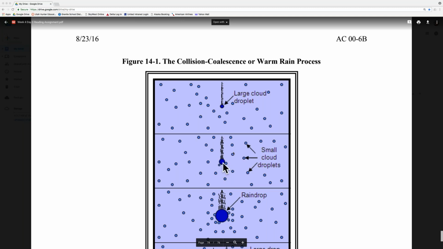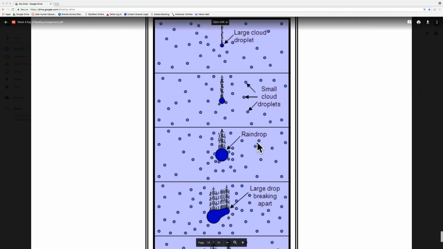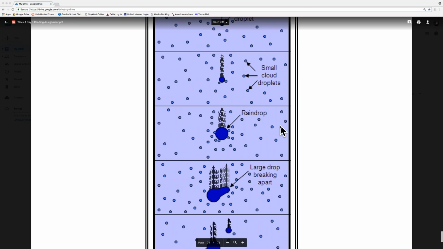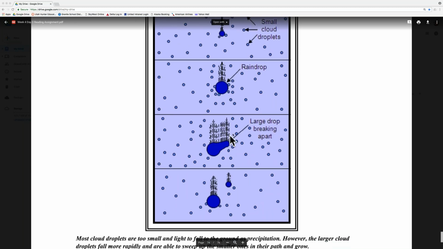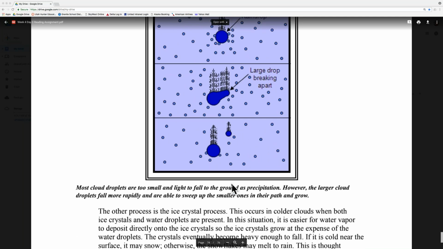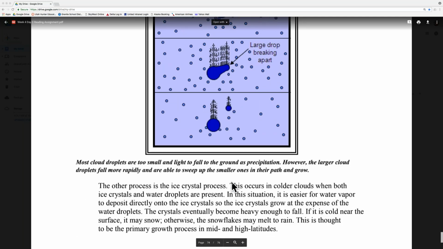Well, as these water droplets start colliding with more and more of those water vapor droplets, we start to see the formation of the raindrop, right? These raindrops can break apart and form more raindrops until finally they get heavy enough to overcome the convection and drop out of the bottom of the cloud.